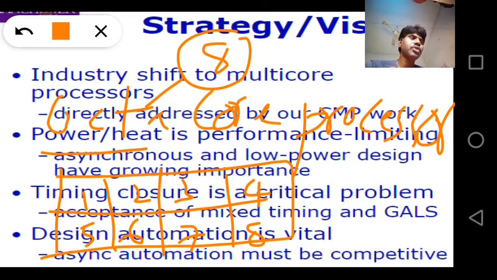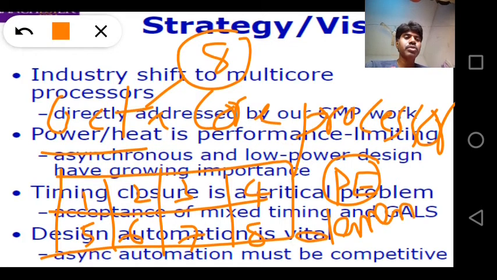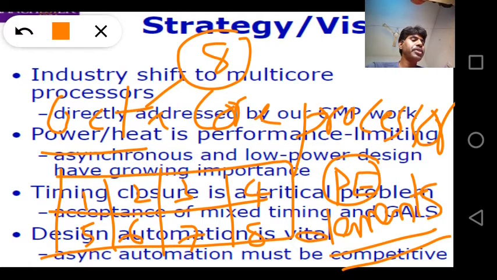Here the processor is divided into 8 processing elements. So you should know the meaning of these processing elements. They have been divided into 8 processing elements.